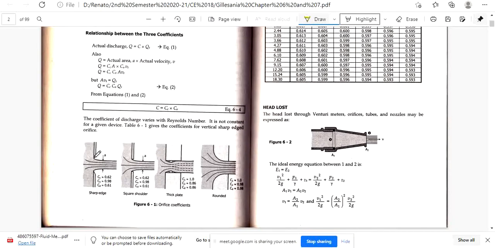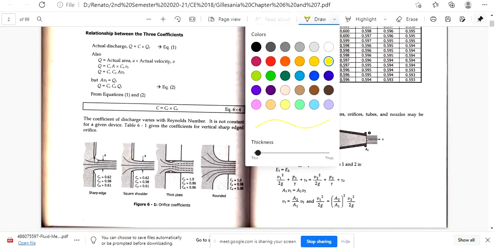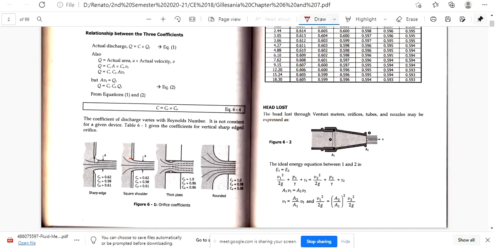So kabantay mo if this is the diameter, kabantay mo nga ang kani nga redepita is gamay na siya. Di ba? It's because it depends upon the opening.